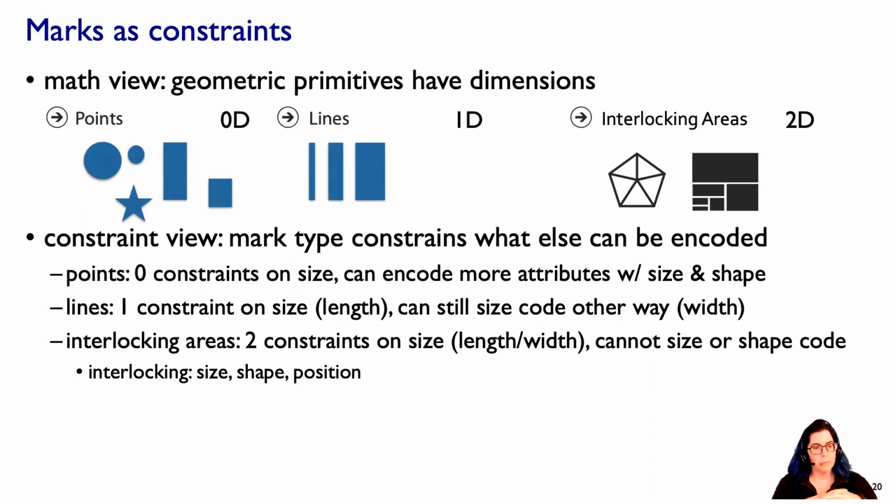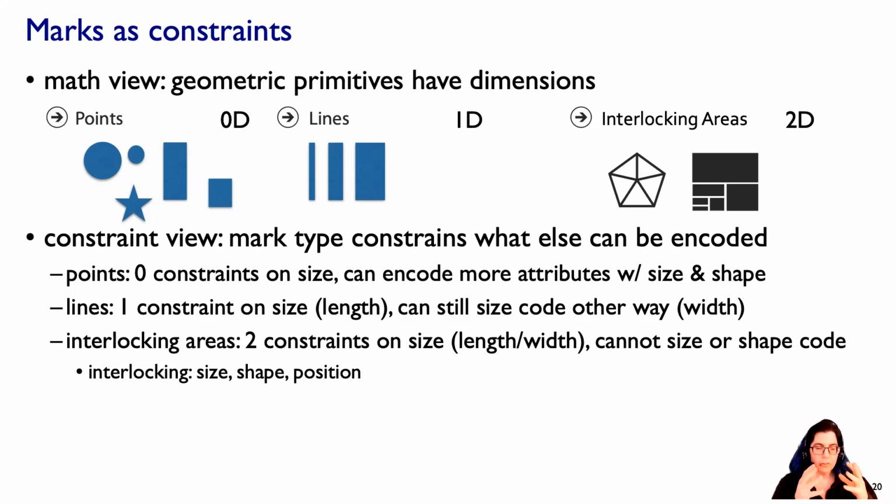So if you've got a point mark, the question is, well, could you size code that point mark? Could you shape code it? And the answer is yes, there are 0 constraints. So you can position code a point, you can size code it, you can shape code it. It's very unconstrained.